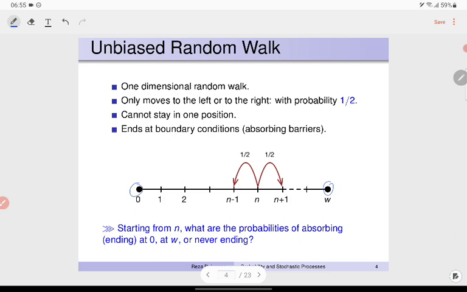So, for example, assume that we position the object originally at n.